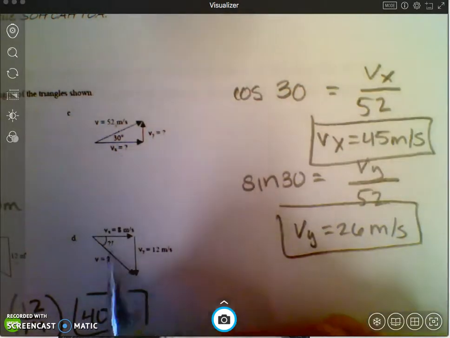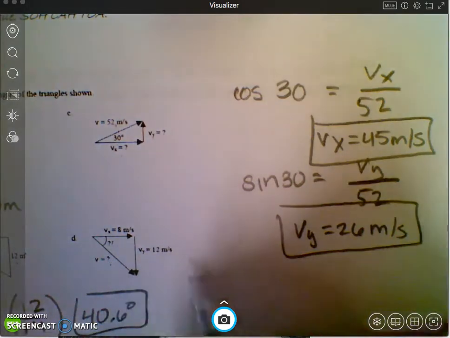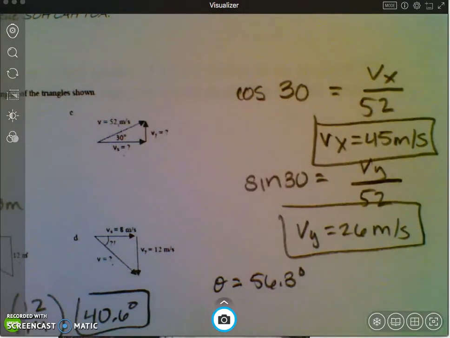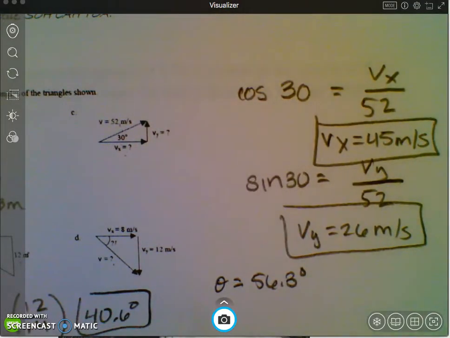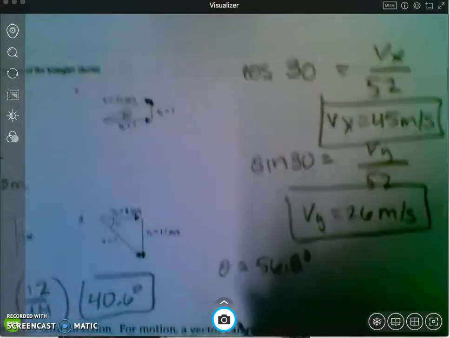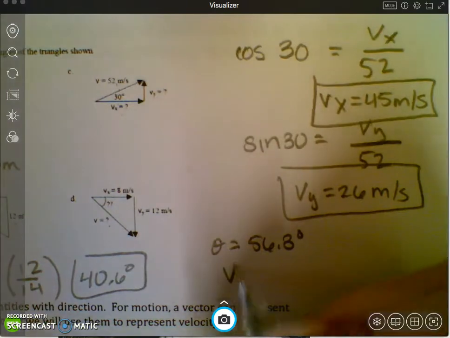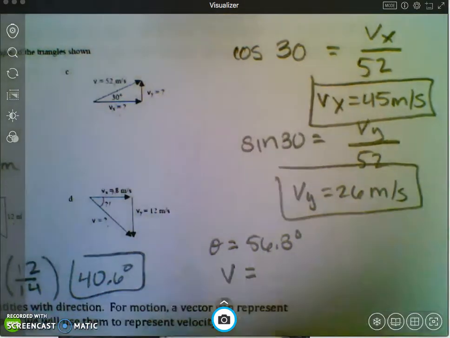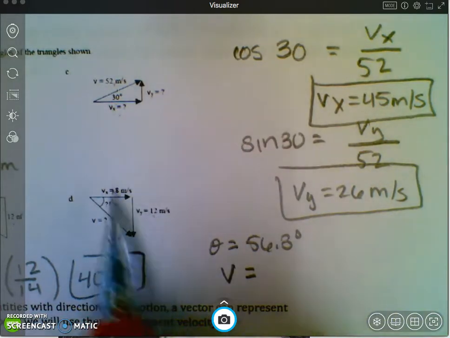Okay, so you're trying to find the angle and the V here. The angle, I got 56.3. If you're not getting the same thing as me, make sure that your calculator is in degrees, not radians. Okay, you should be in degrees. And then for the V, I am going to use Pythagorean theorem. So no more sine, tangent stuff, just use Pythagorean theorem.